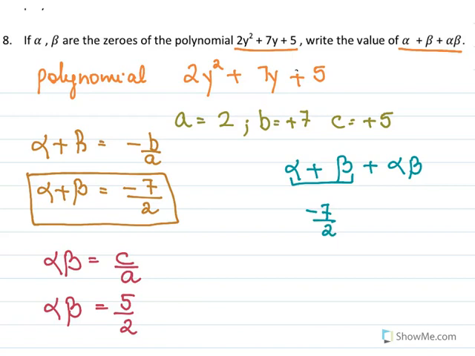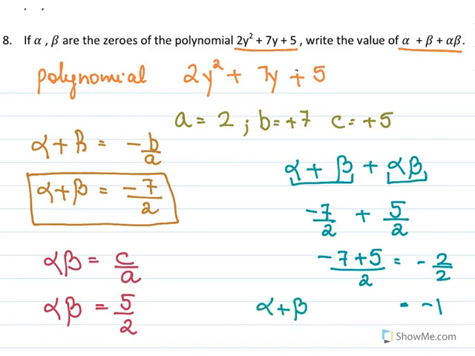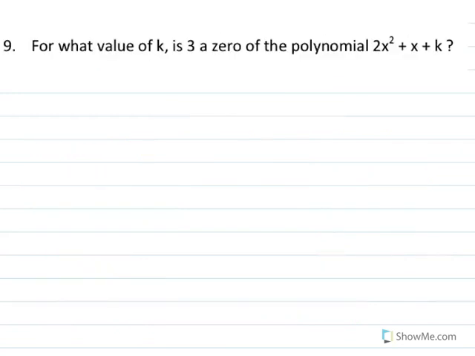And alpha beta we found here is 5 by 2. So minus 7 plus 5 by 2 is minus 2 by 2, which is equal to minus 1. So the value of alpha plus beta plus alpha beta is minus 1.